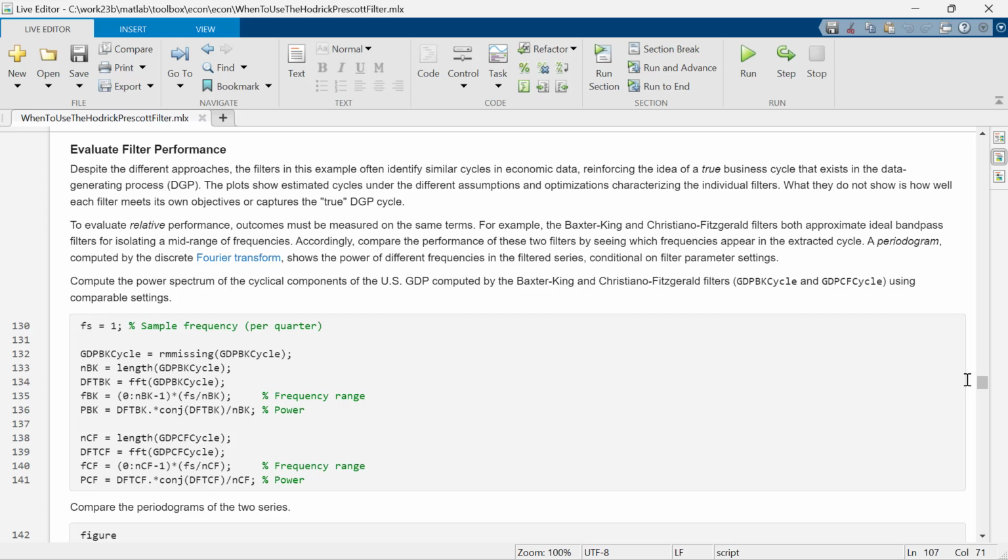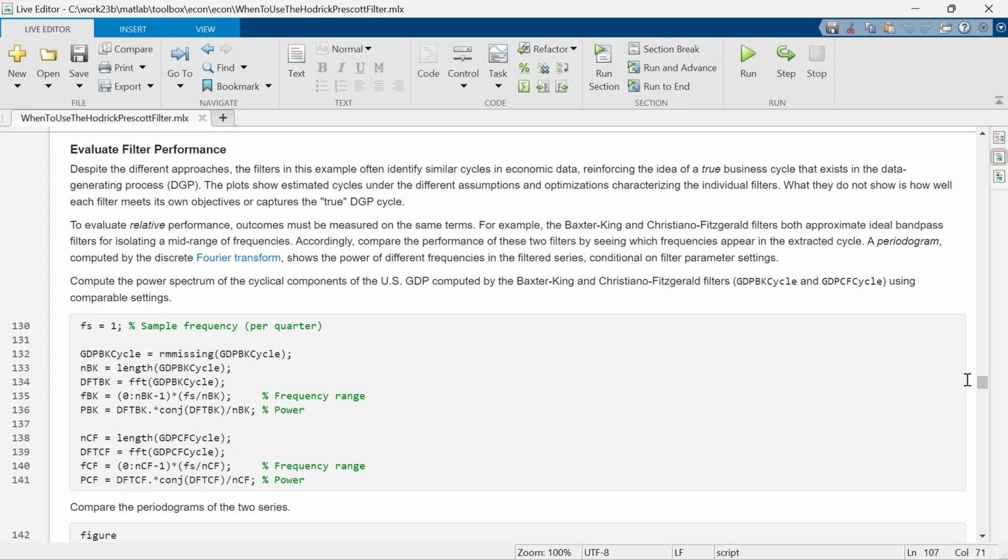So an absolute evaluation of any of these filters about how well they capture the business cycle is really impossible, because we don't know what the business cycle is, and each of these filters has a different goal, a different idea of what the business cycle should be. However, we can look at the relative performance of these different filters.